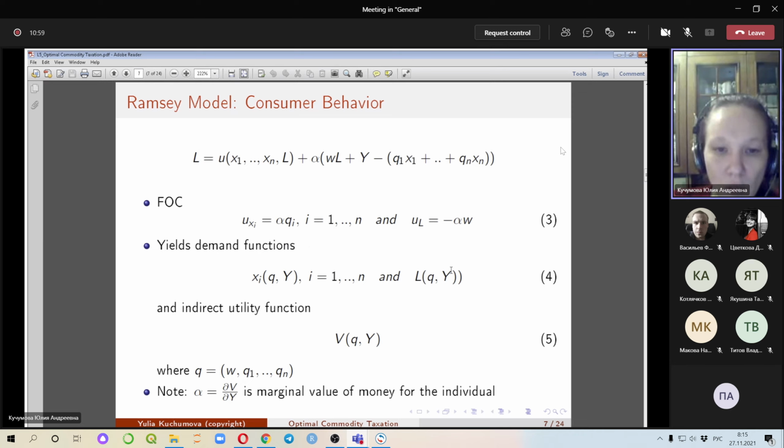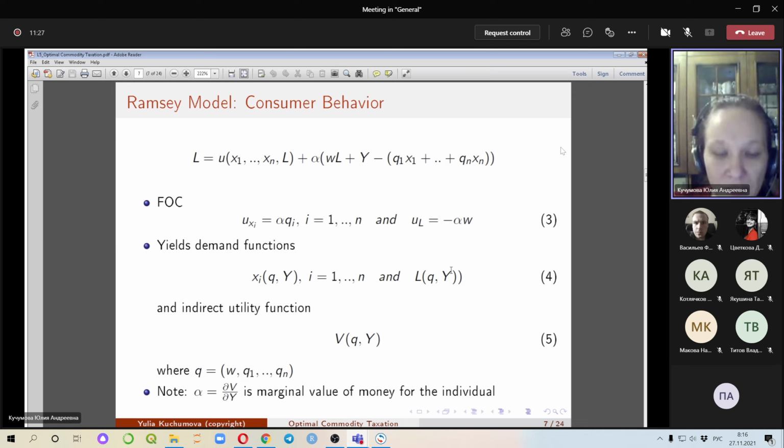And also how it depends on the non-wage income. Similarly, we get the expression for the labor supply of a person, capital L, and how it depends on Q and W.